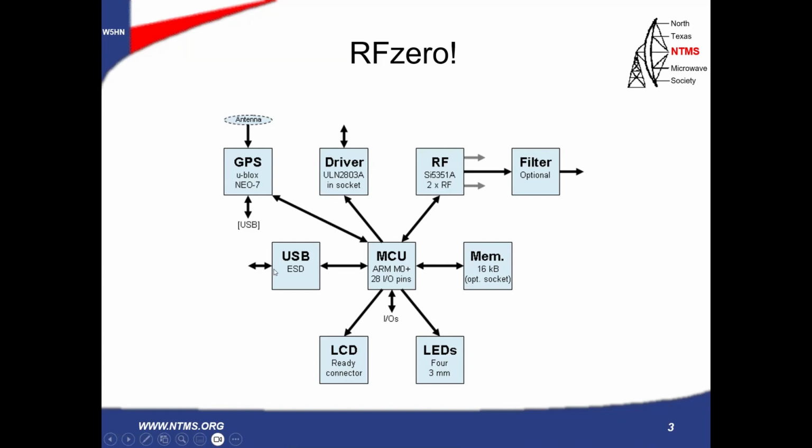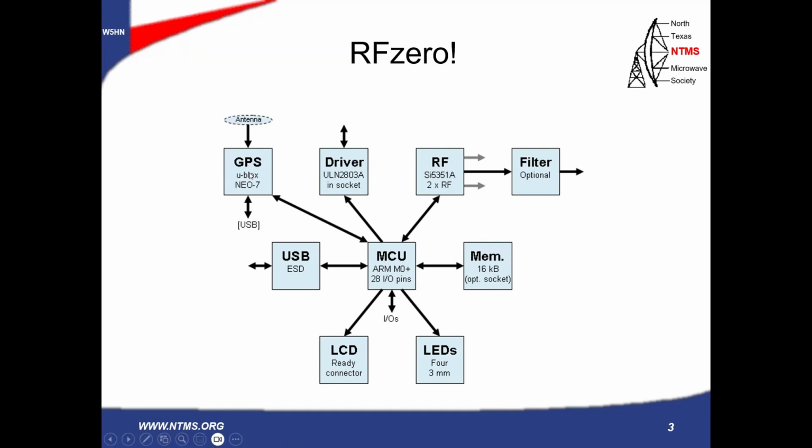To the left, it has USB that is ESD protected, so we can program the thing either locally or remote. To the right, it's got 16 kilobytes of EEPROM. Mine came shipped with that. There is a socket, but there's an SMD 16 kilobyte chip on the board.